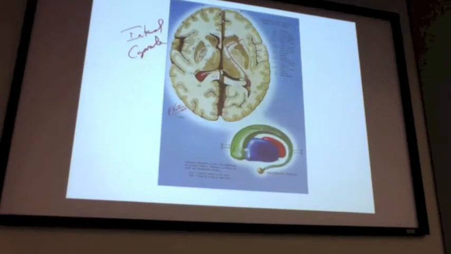This is the white matter tract that has fibers coming up from below and coming down from above. So the big white matter tract, the corpus callosum, goes right to left. The internal capsule goes up and down. So this is the big connection.